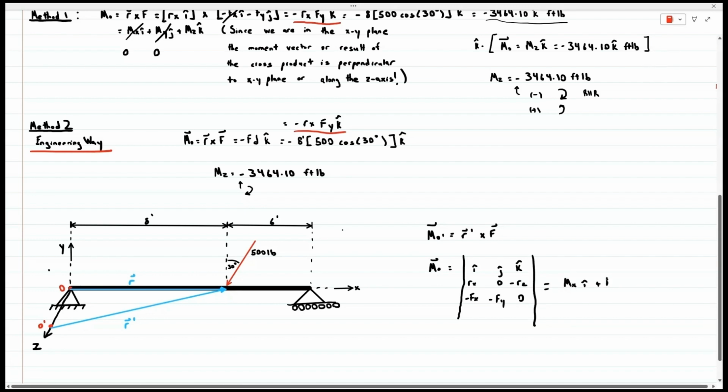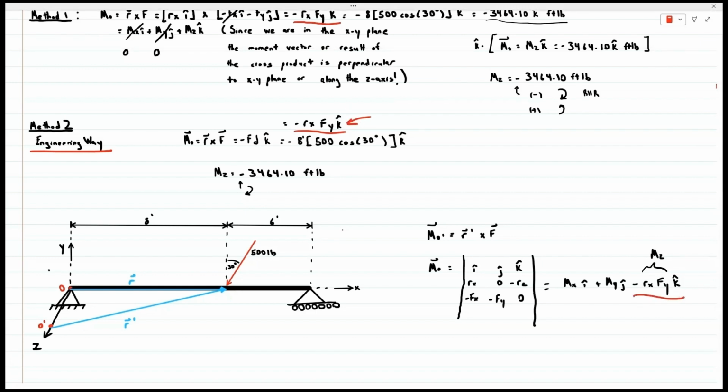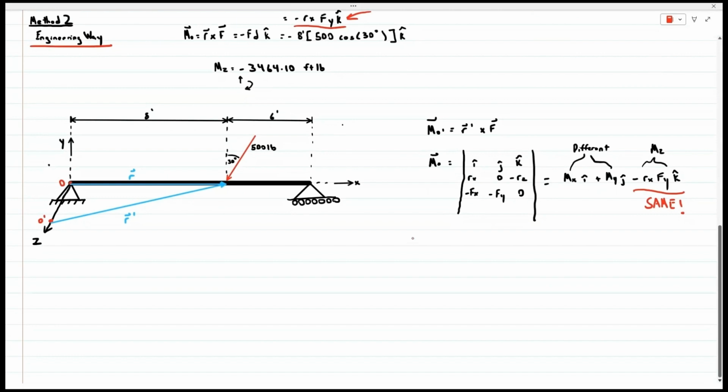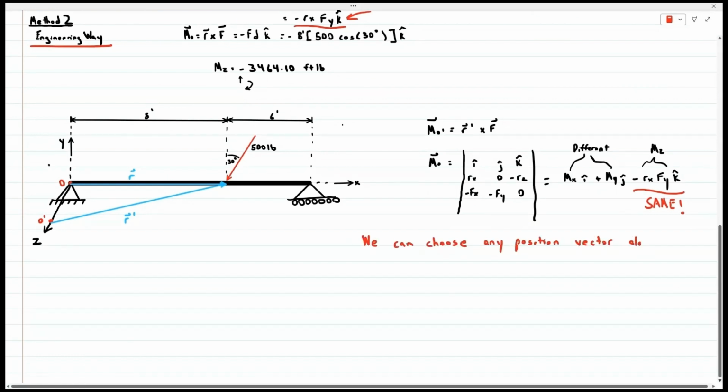It's going to have an Mx, an My, but what's interesting is the Mz component. If you observe, the Mz component is exactly the same as the previous two Mz components, meaning that even though the Mx and My are different, the Mz is exactly the same.